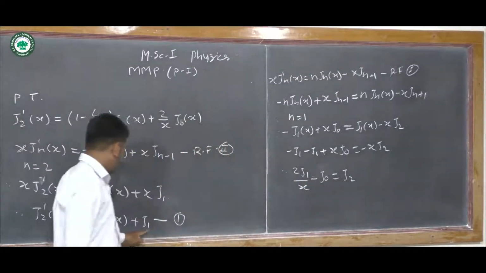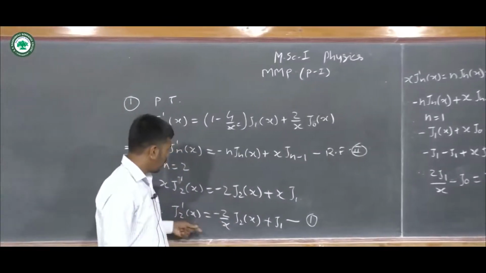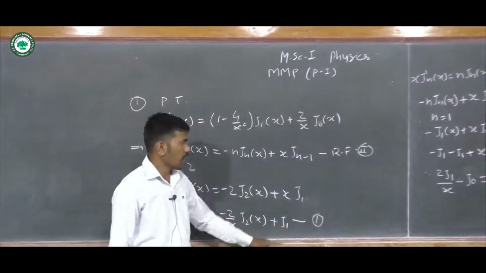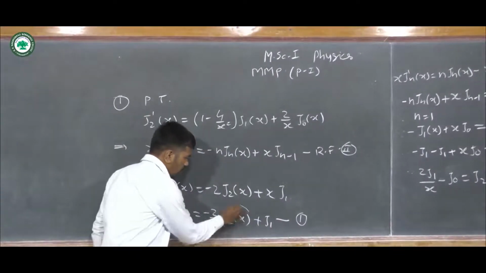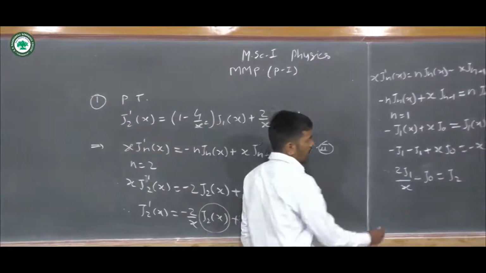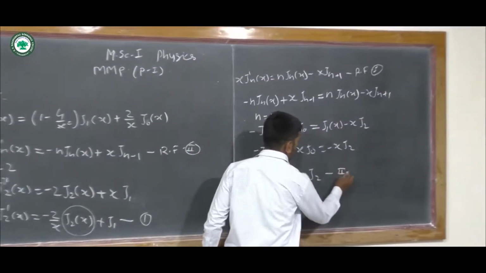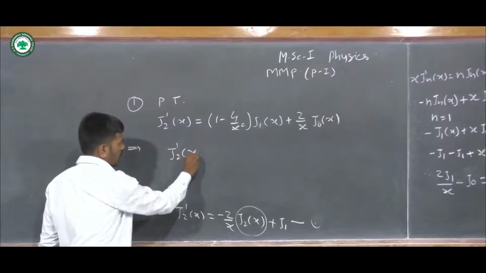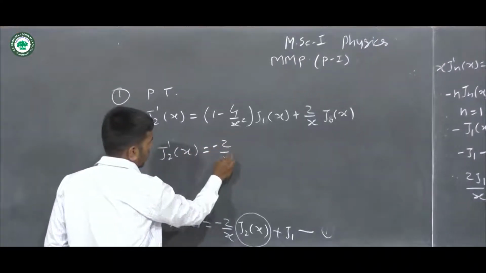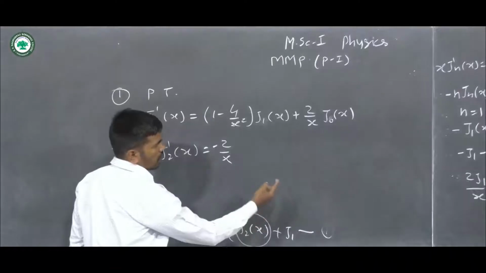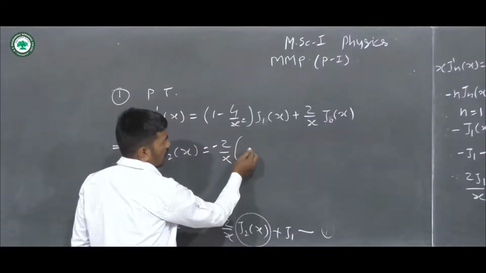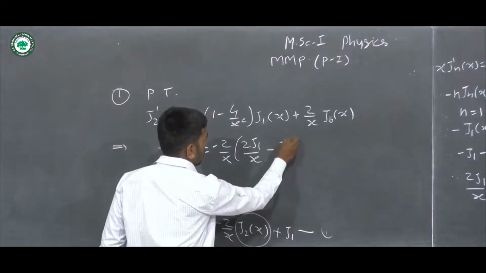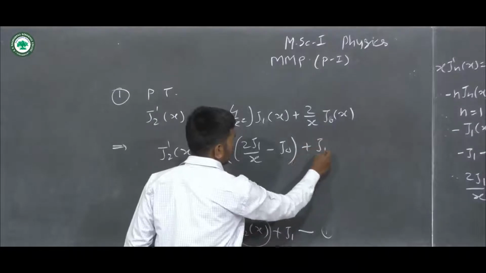Okay, so if you observe here, J prime 2 is equal to minus 2 by x into J2 x plus J1. Here I am going to replace J2 from equation number two. So J prime 2 x is equal to minus 2 by x, now J2 replaced from equation number 2, so it is 2J1 by x minus J naught, and plus J1.